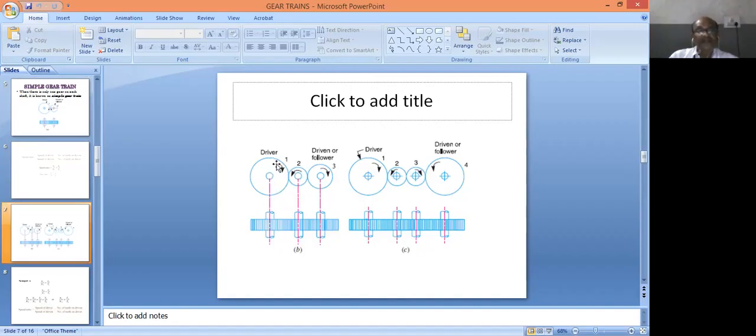Here, look at the diagram. Driver gear 1 drives the intermediate gear 2. Again, the intermediate gear 2 drives the follower gear 3. Look at the diagram C. Between the driver gear 1 and the follower gear 4, there are two intermediate gears. For the speed ratio, the same formula applies.